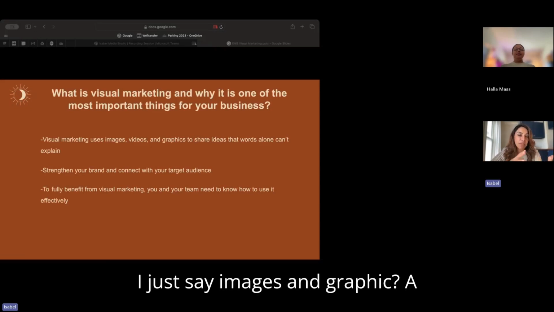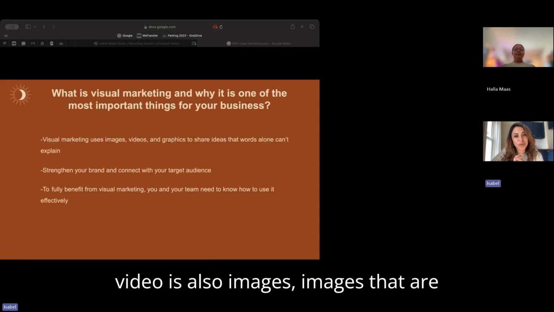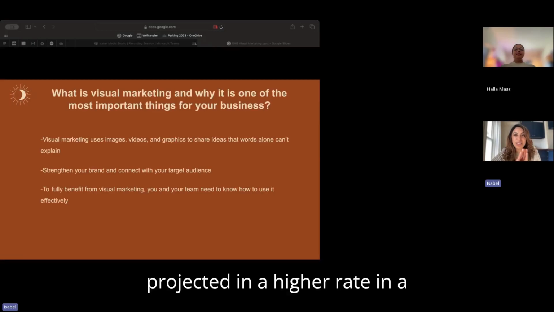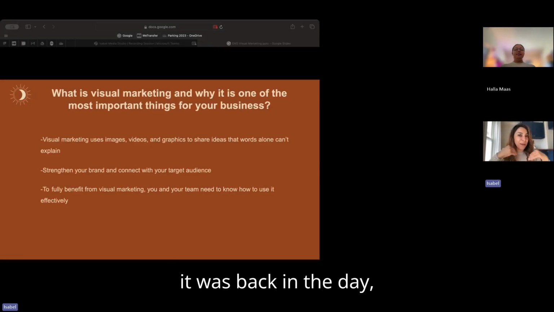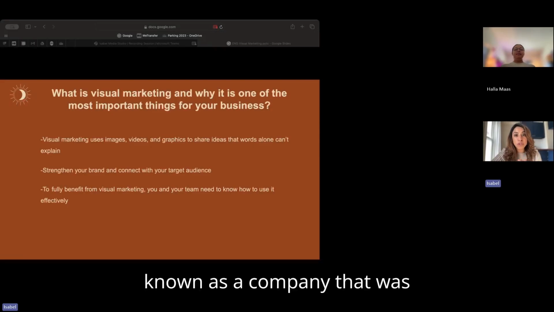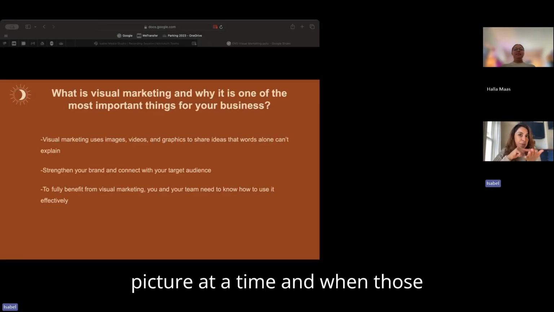And why did I just say images and graphics? A lot of people say, well, video, but video is also images, images that are projected at a higher rate per second. The way I can explain it is, back in the day, Disney was known as a motion pictures company. Back then, the artist would draw the cartoon by hand, one picture at a time.